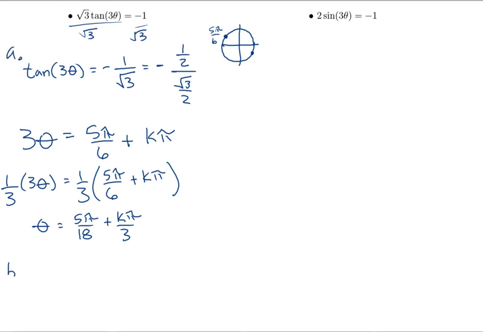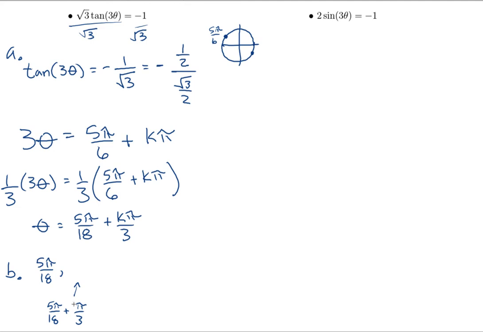But what about part B? This is where we got to list out all the ones between 0 and 2 pi. So we can definitely start off with 5 pi over 18 when you let k be 0. How about when you let k be 1? Well, then you're doing 5 pi over 18 plus pi over 3.